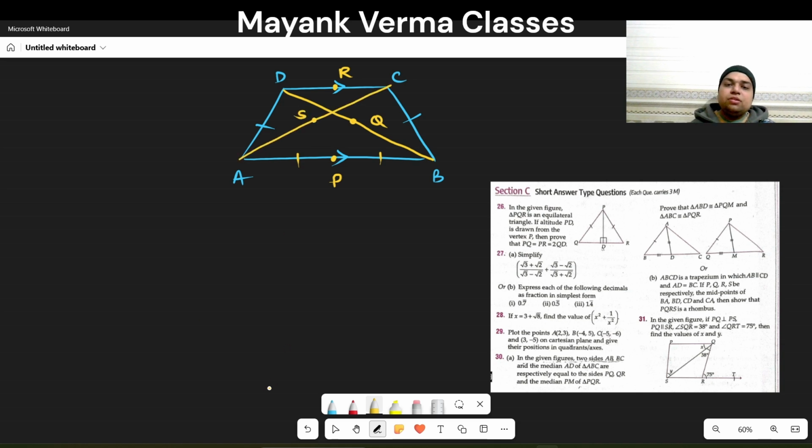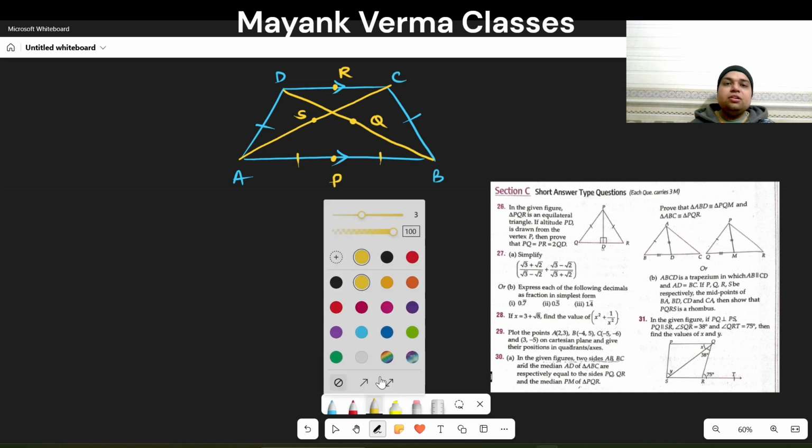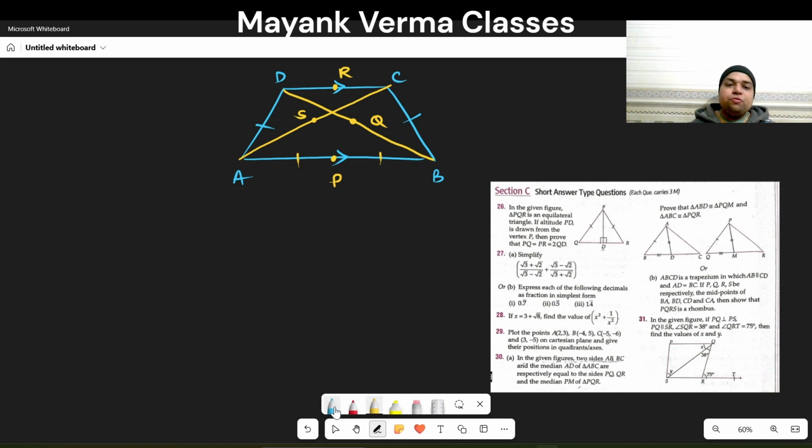This is S. Now what it is saying is show that PQRS is a rhombus. All right, so we need to prove that if I join these points, I will get a rhombus.